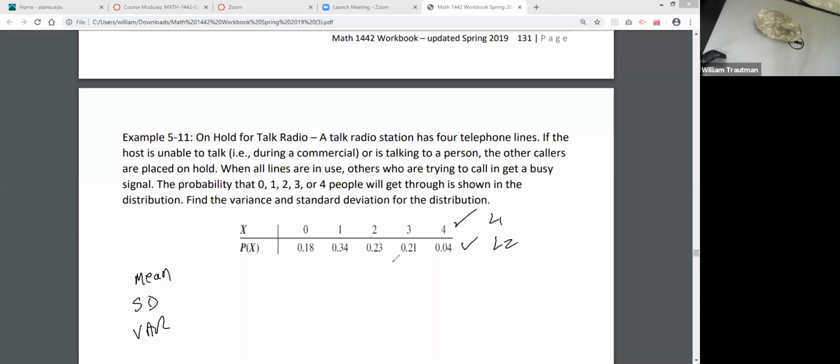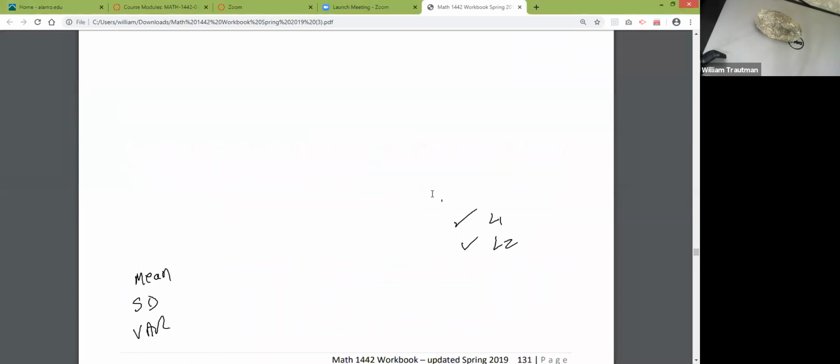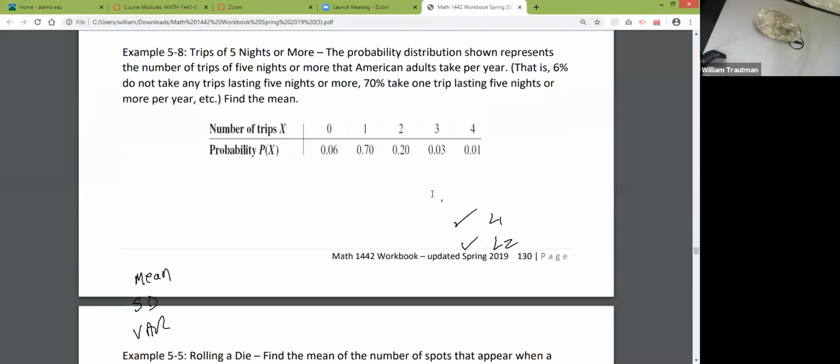If we go back, it says our data. Let me take us back a little bit to where it tells us. It's kind of important.